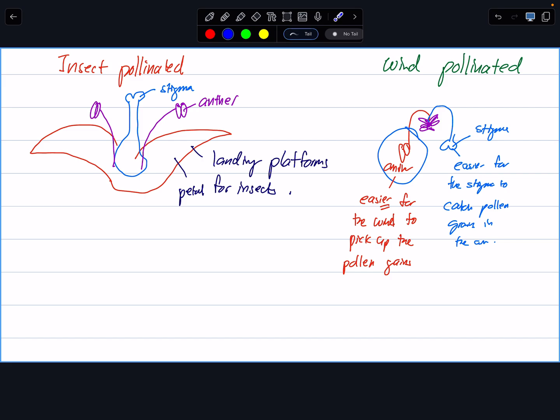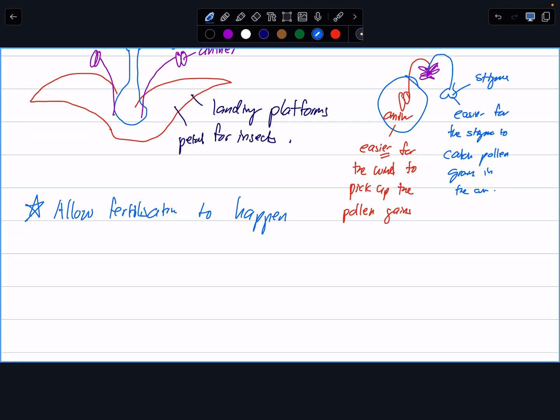The main idea of pollination is to allow fertilization to happen. And for plants, remember, there is no such thing as sperm and eggs. This is where the male reproductive cell or male sex cell fuses with the female sex cell or reproductive cell. That's it. Full stop.